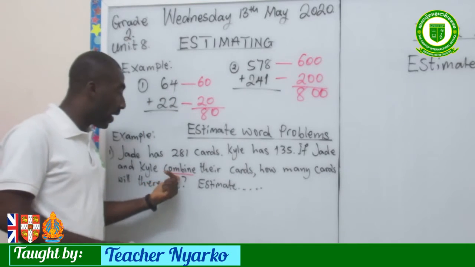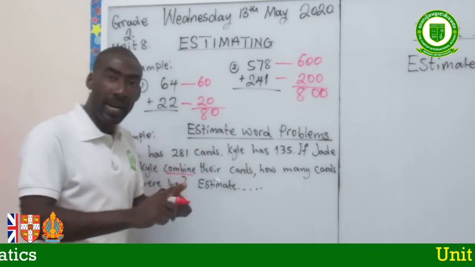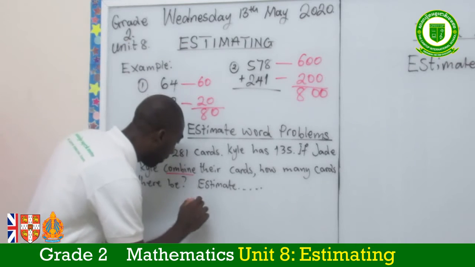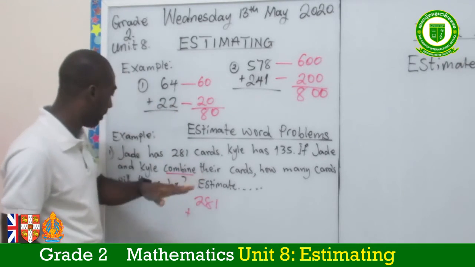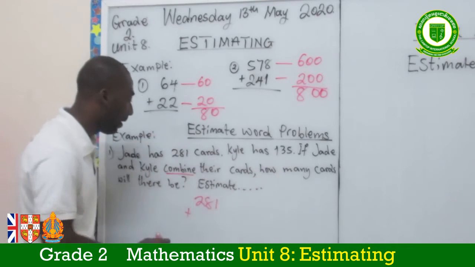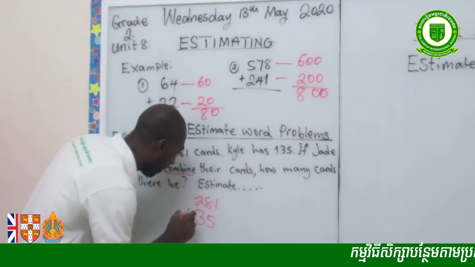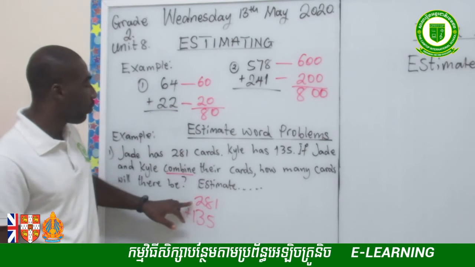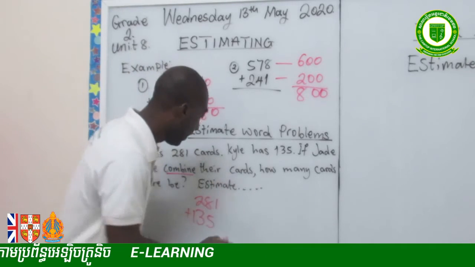So the keyword between Kelly and Jake is combine. Combine means to add. So we have 281 plus 135. We are supposed to estimate.